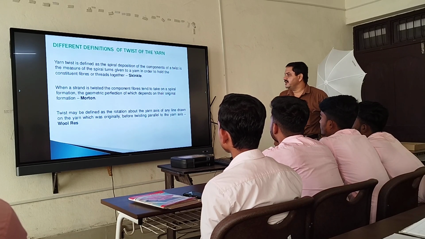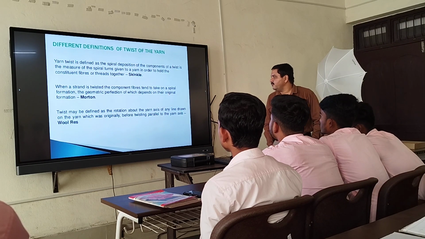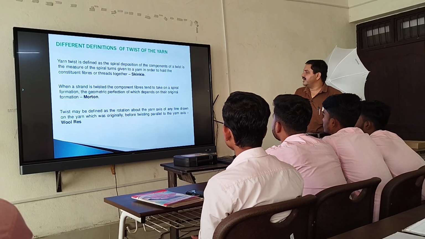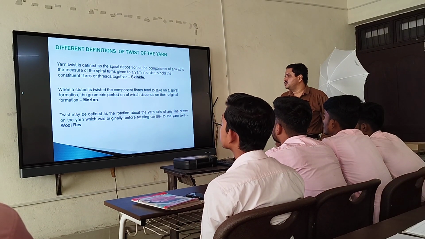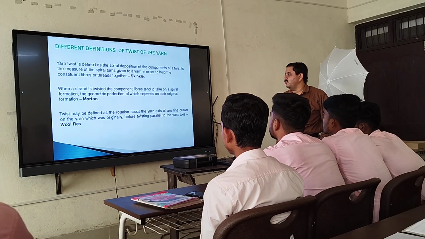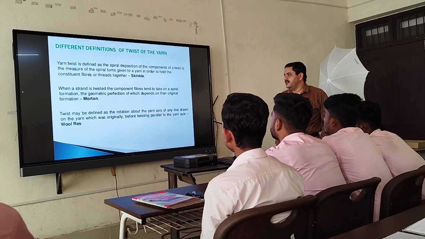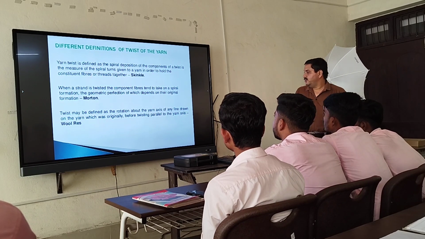Another definition is by Morton: when a strand is twisted, the component fibers tend to take on a spiral formation, the geometric perfection of which depends on their original formation. This is the view of Morton.